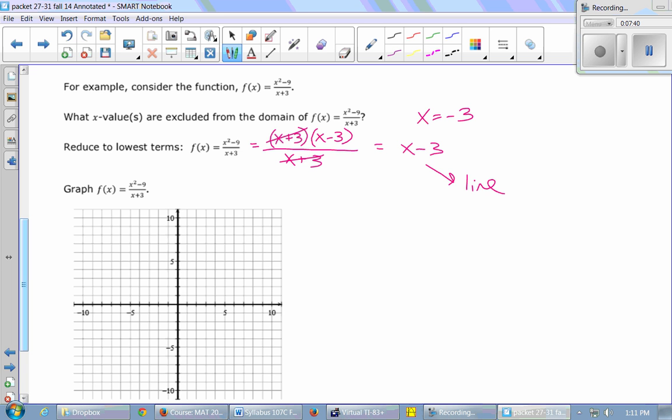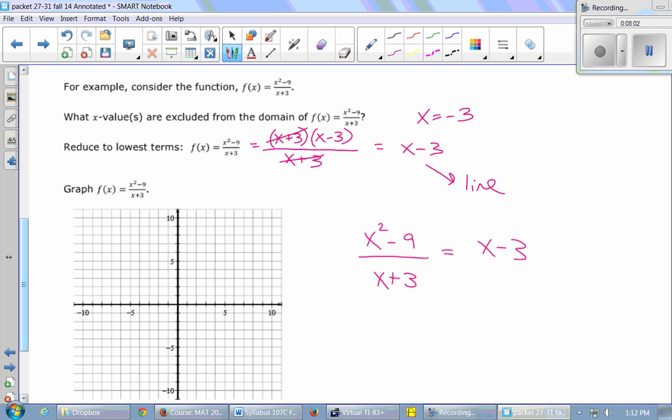It's a line, right? So it turns out that x squared minus 9 over x plus 3 equals x minus 3, except at one value of x. If I put x equals -3 into the line, I get -6. If I try to put x equals -3 into the rational function, I get nothing.